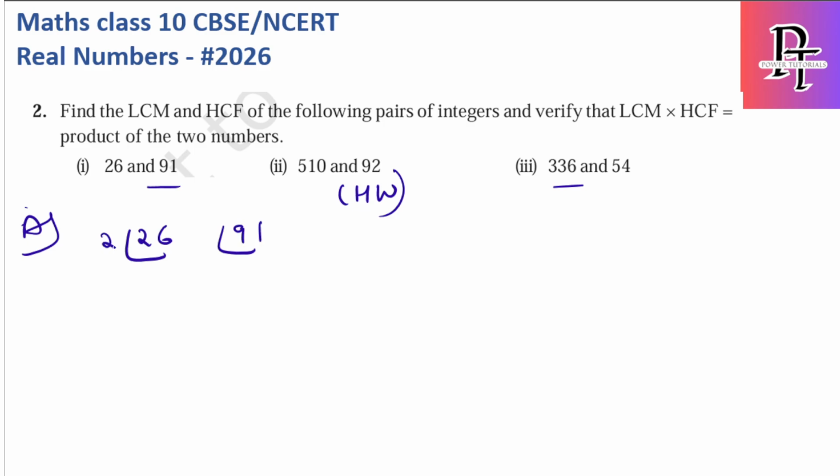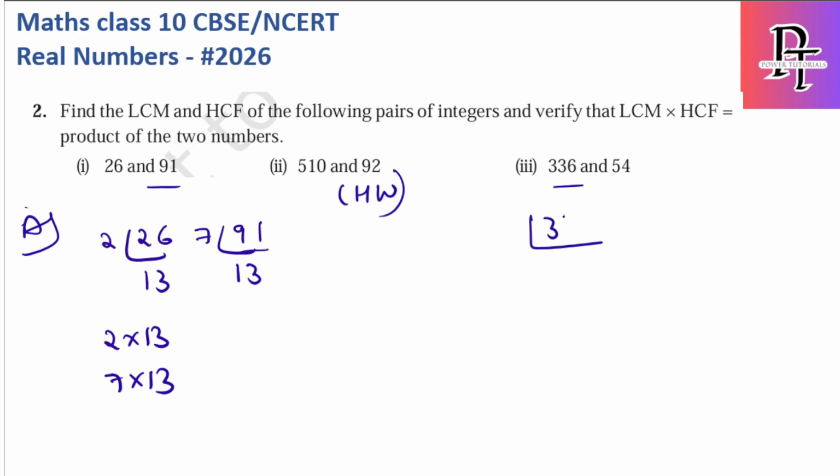So 26 I can write as 2 into 13, and 91 is 7 into 13, 7 threes are 21. Let's write for here as well, 336, it is a big number.